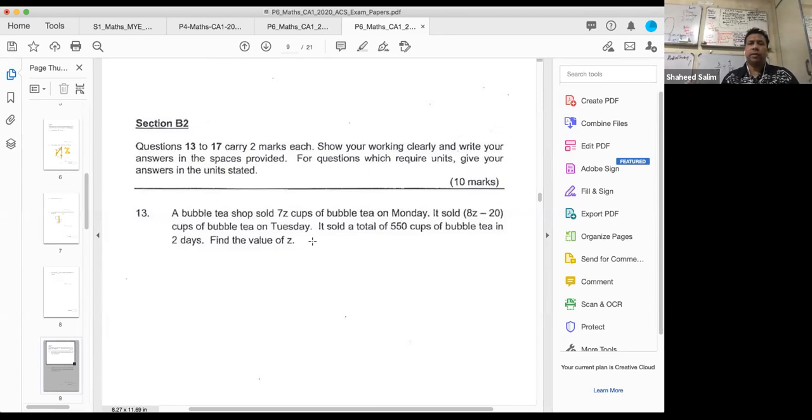This is a good question. This is a secondary school question. Give it to a primary 6.